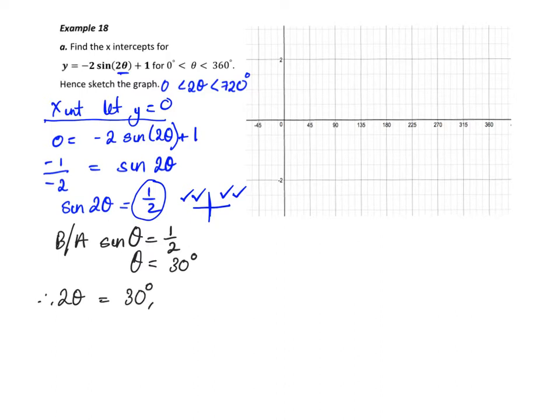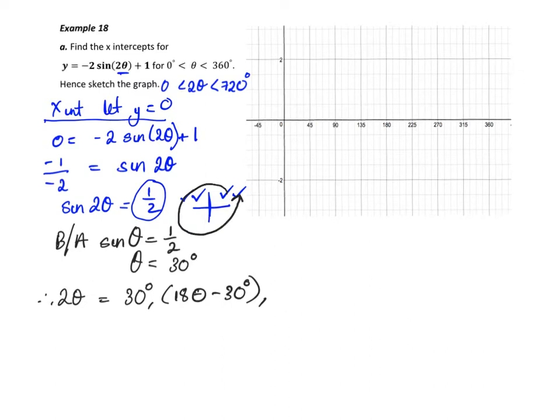What is my next solution? Well, I'm in the second quadrant, and that is 180 minus theta. So 180 minus 30 degrees. And then to each one of these first two, I just have to add on 360 degrees, because remember, I'm going around one full rotation from that one to get to that one.